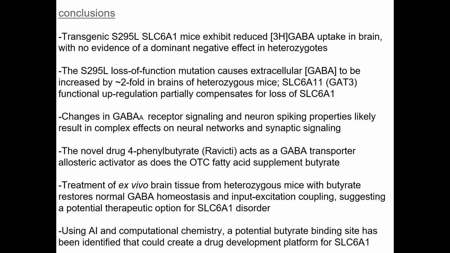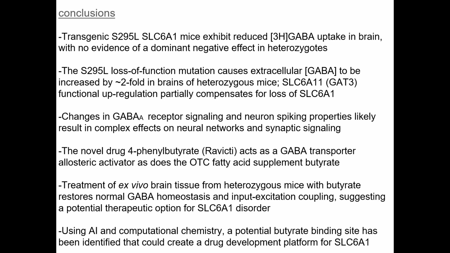And as I mentioned, these changes that occur because of the tonic increase in GABA cause increased GABA signaling, affect neuronal spiking, affect neuronal communication and more complex synaptic signaling and synaptic plasticity. I showed you that the drug 4-phenylbutyrate, or Ravicti, acts as a GABA transporter allosteric activator, as does the over-the-counter fatty acid supplement butyrate.